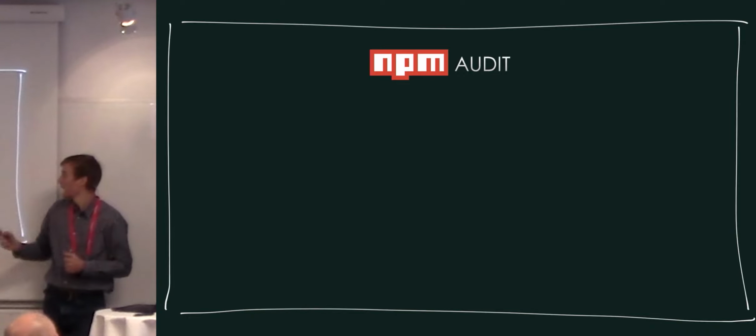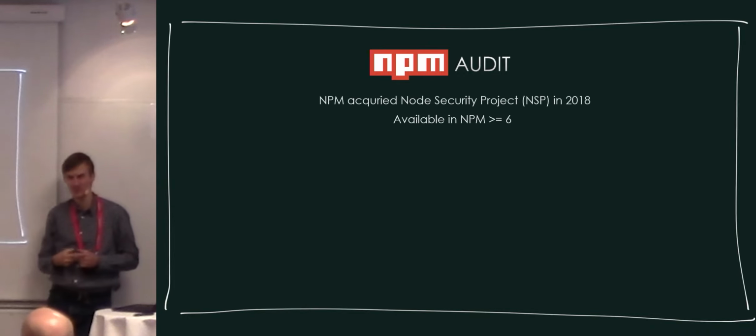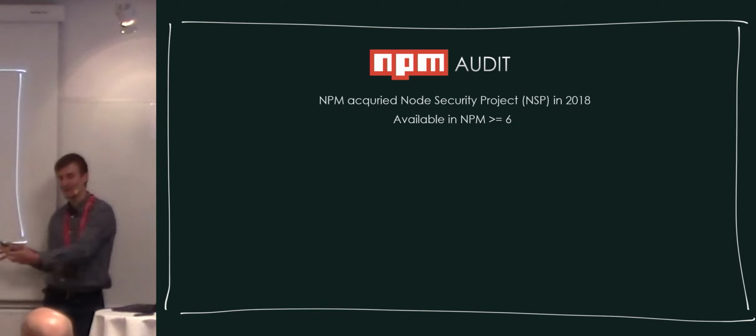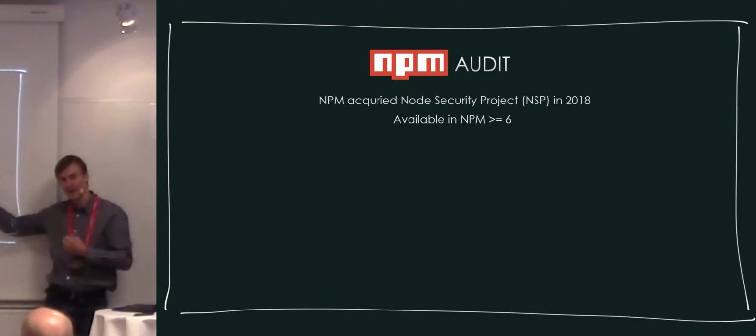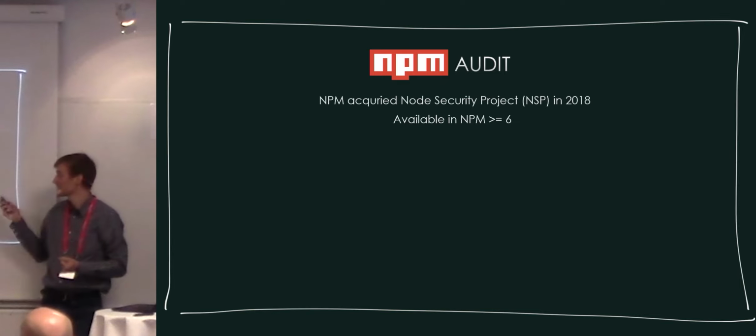Okay, some. Cool. So NPM acquired a project called Node Security Project in, I think it was May 2018. And the project was pretty much a JavaScript library, which was analyzing your package.json for any vulnerabilities. And it had its own feed of intelligence. It has its own vulnerabilities list.